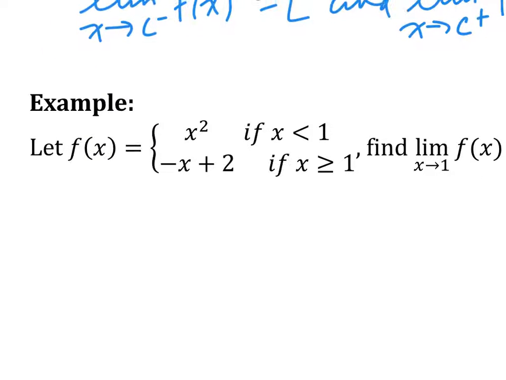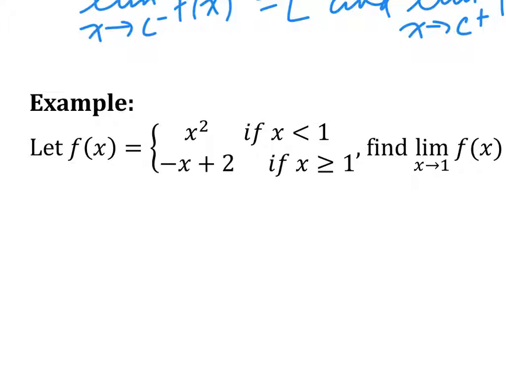Let's look at this question. So go ahead and write this down. These are classic examples. So f of x is equal to x squared if x is less than 1. It's equal to negative x plus 2 if x is greater than or equal to 1. Find the limit as x goes to 1. So you cannot use a graphing calculator and say, I found it.